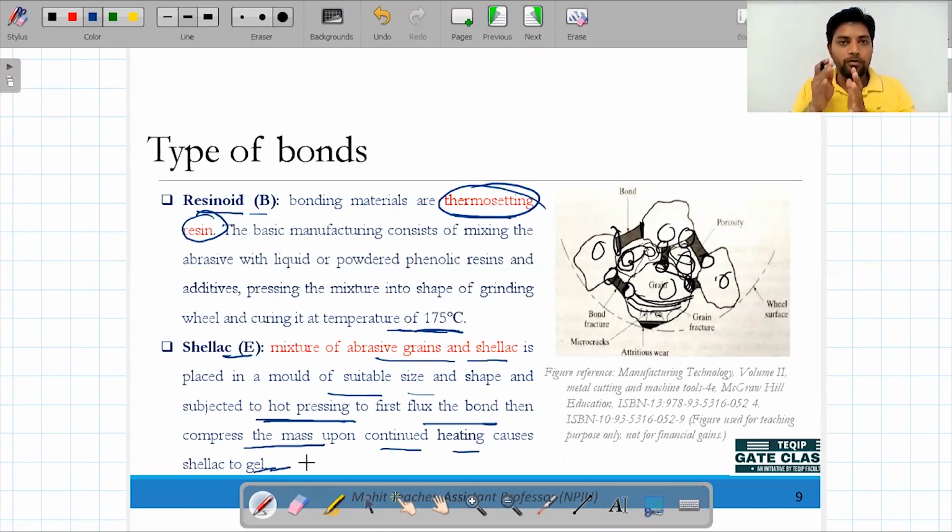This means the pressure we are applying will not stop until the complete amount of liquid material, that shellac gel, is vaporized from this area. Even once it is completed into the required shape and size, we continue applying the heating. So that is the thing.